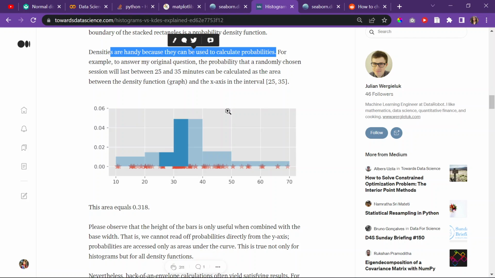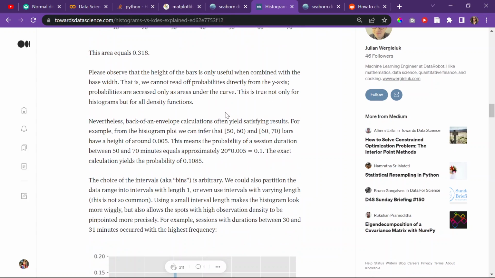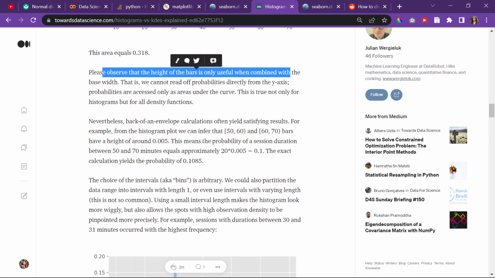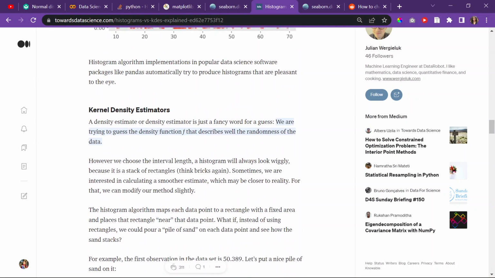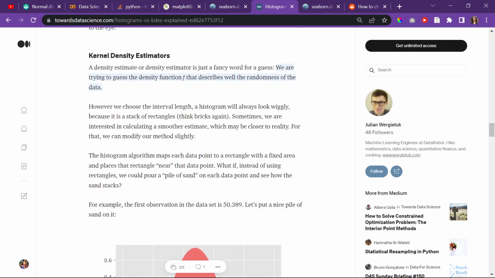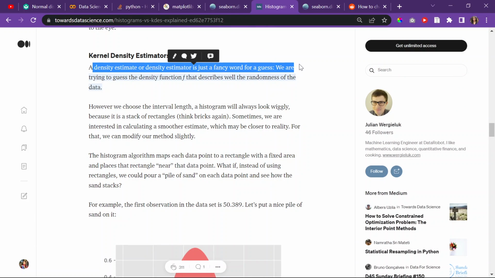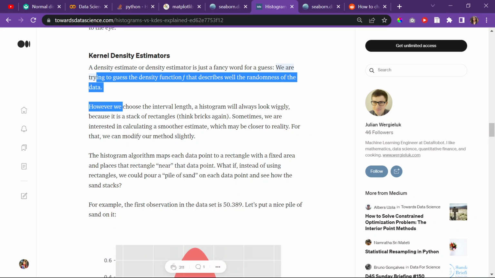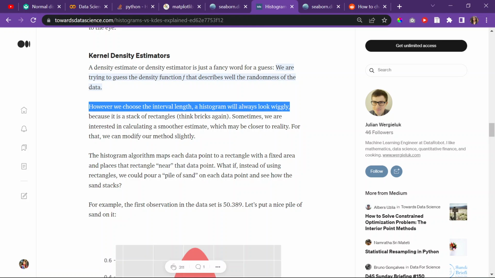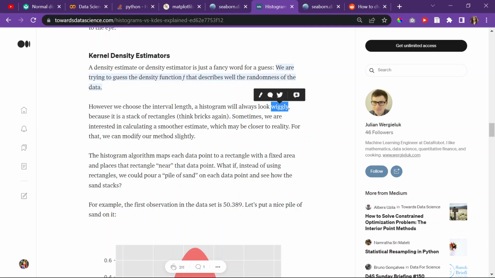I know it's definitely calculating the area and the proportion, but is that the same as probability? Not really. Yeah, I see that.